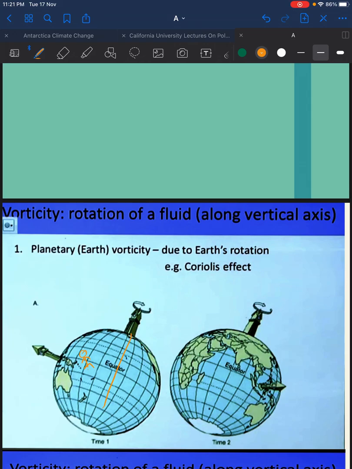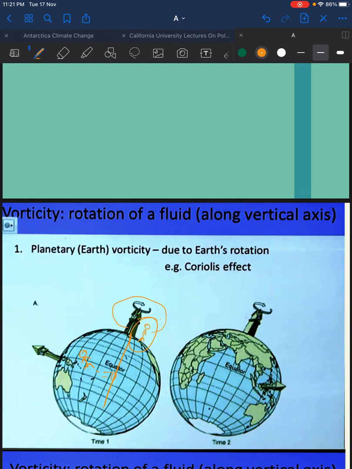So there is no along-axis rotation, and that's the reason why planetary vorticity over here is 0, because there is no rotation along the vertical axis. For planetary vorticity, we require a rotation along the axis, while a person who is standing exactly on the geographic north has maximum rotation along the vertical axis, right?